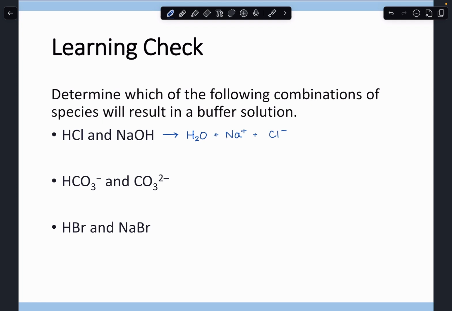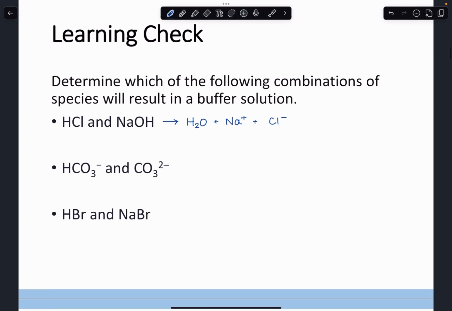These are both a strong acid and a strong base, so it's not going to make a buffer solution. They will just completely react. They won't reach an equilibrium. So the answer to the first one is no. This is a strong acid and a strong base, and we need a weak acid and a weak base, and they are conjugates of each other.